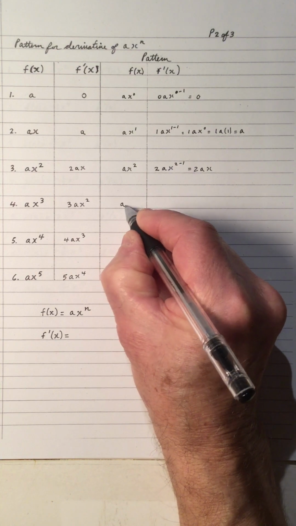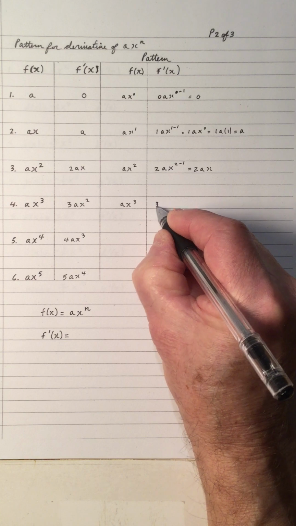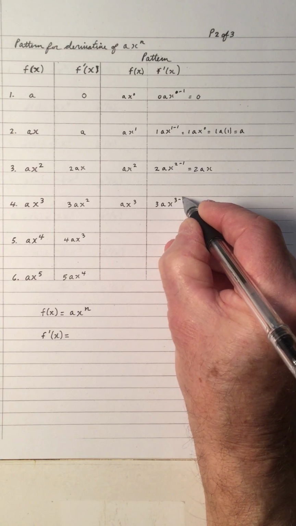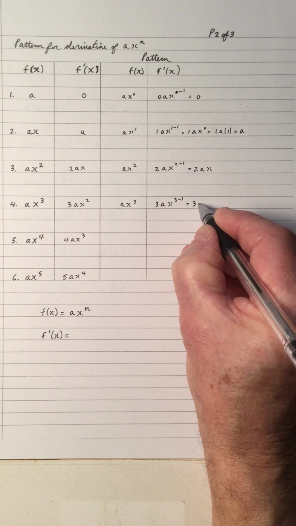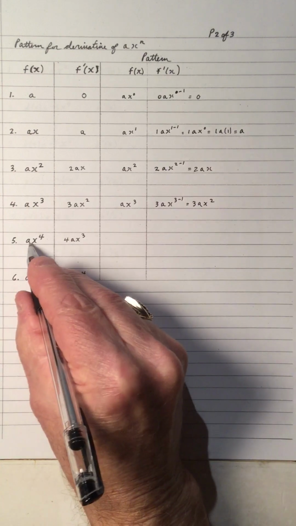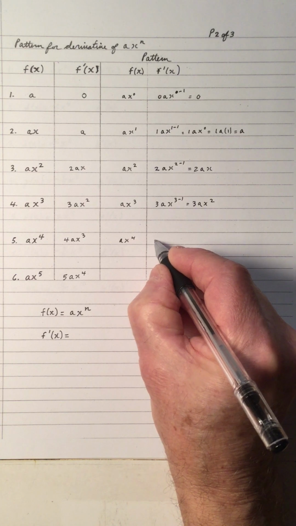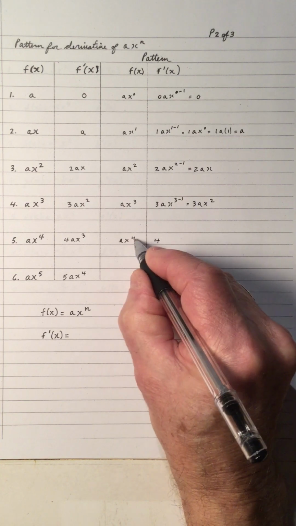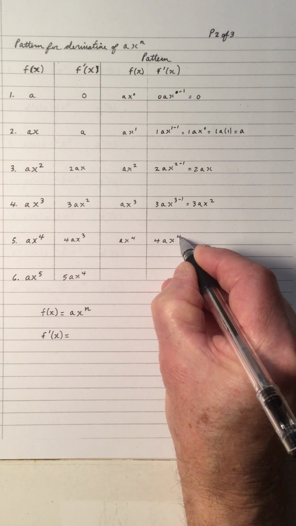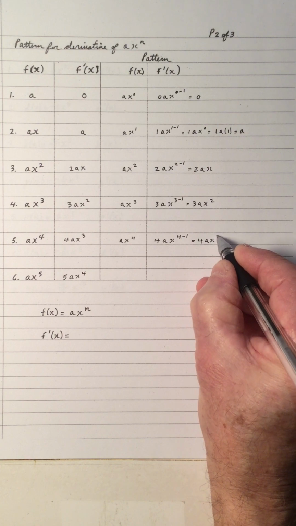And we have ax cubed. So the 3 goes in front, ax to the 3 minus 1, so it's 3ax squared. And we have ax to the 4th, and its derivative, the 4 goes in front, the power goes in front, and we get ax to the 4 minus 1, so it's 4ax cubed.